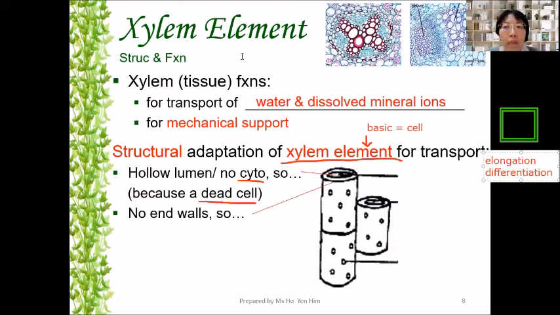So in this case, what happens is that the end walls will be removed during specialization. Hang on. The end walls will be removed during specialization. So this wall will be gone, right? And then an additional wall will be formed, which is the secondary wall. So an additional wall will be formed here. Can you see? You cannot see. Okay, let me use a solid color.